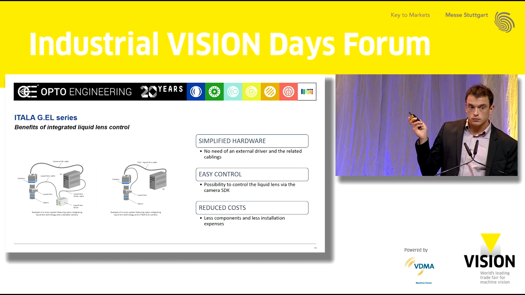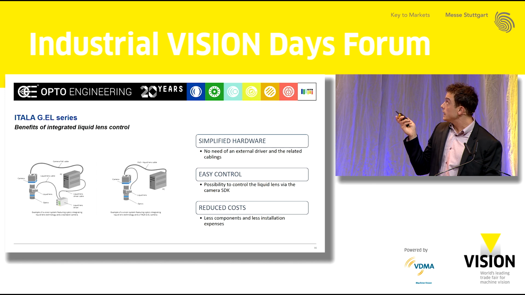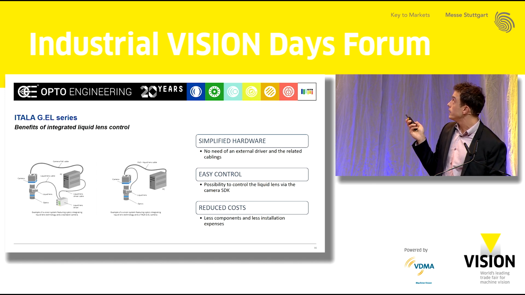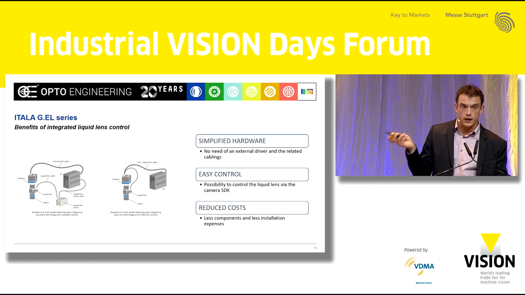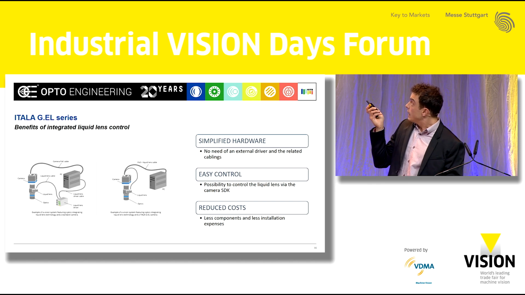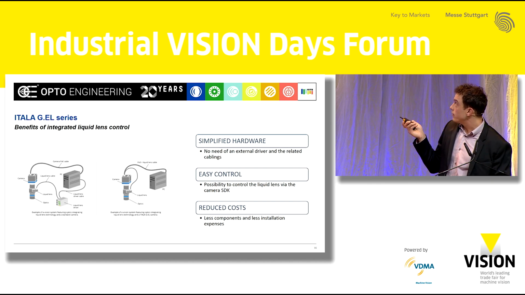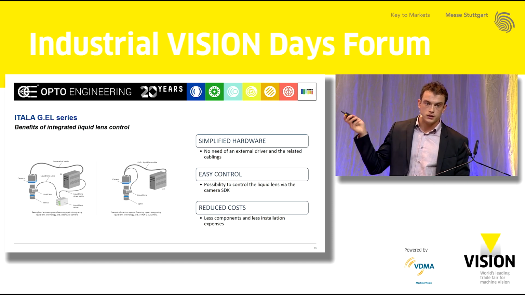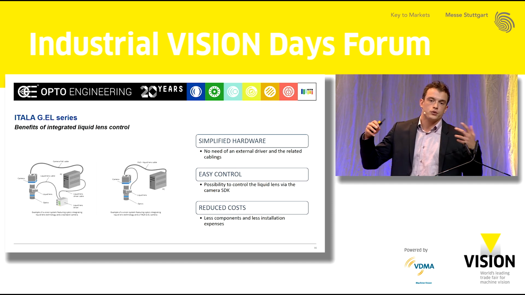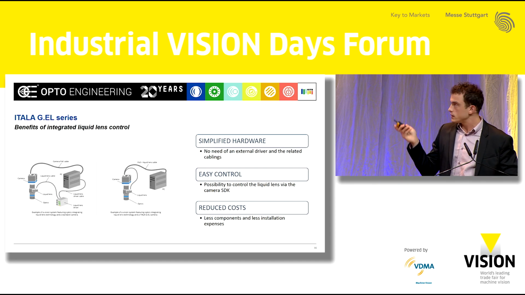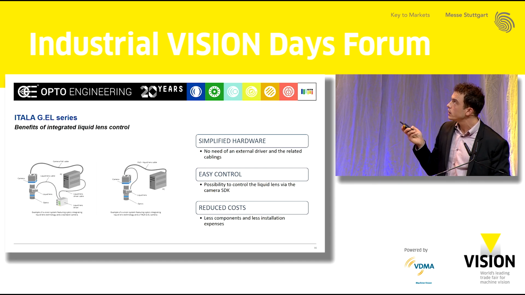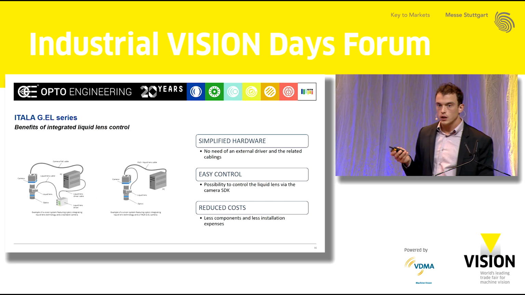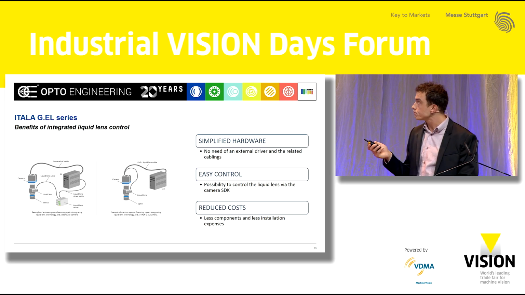So you can simplify the system. It is easy to control the liquid lens using the camera SDK, as I showed you before. And you can reduce the cost because you have fewer components and lower installation expenses, because everything is easier and ready to use, meant to work together in perfect synergy.